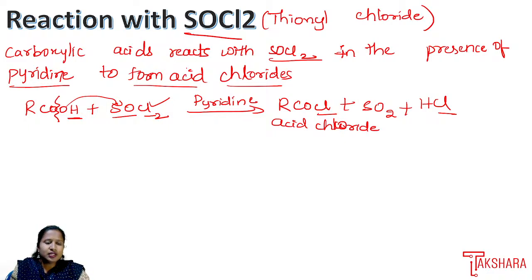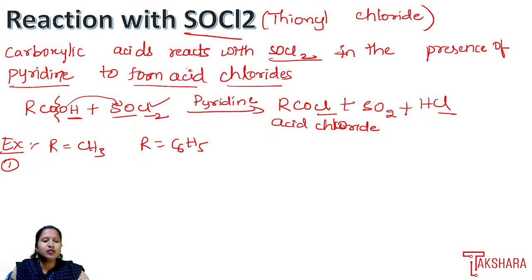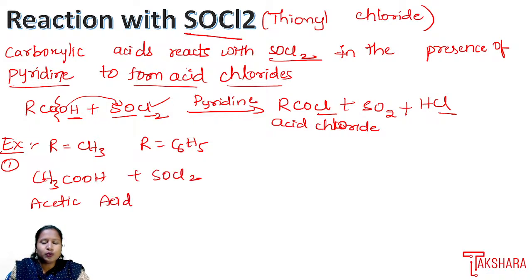Then for this let us take examples. The first example, where in place of R let us substitute CH3, and in place of R one more example, C6H5. So the first example: CH3COOH is nothing but acetic acid, when it is treated with SOCl2, thionyl chloride, in the presence of pyridine solvent.